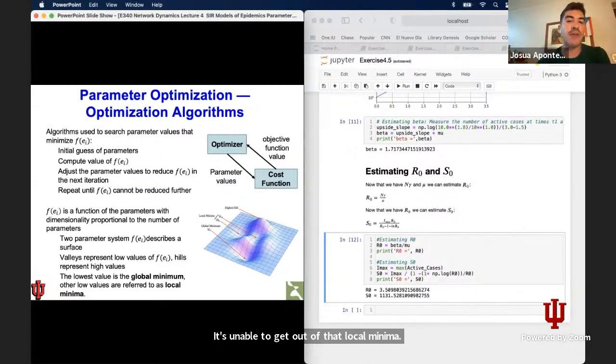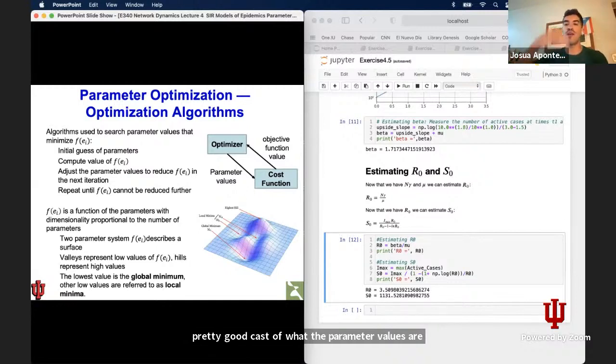So you have different options of optimizers. Some optimizers do what are called local searches. If you have a good idea that you are near a local minimum or the global minimum, you might just use a local optimizer that is going to take you to the minimum distance. And that's what we will do in our exercise, because we already have a pretty good guess of what the parameter values are.